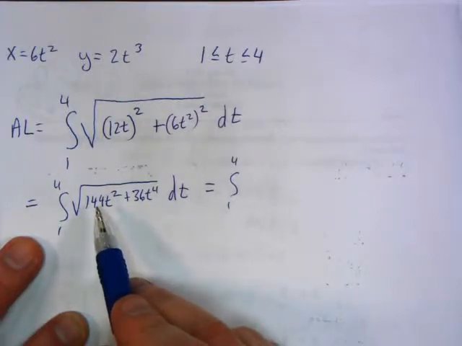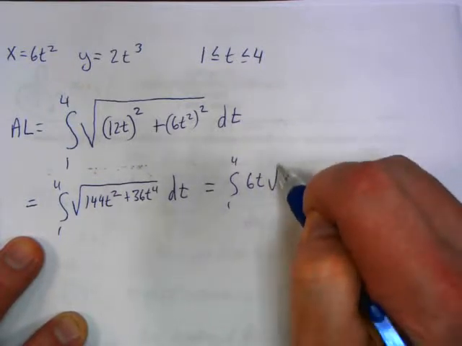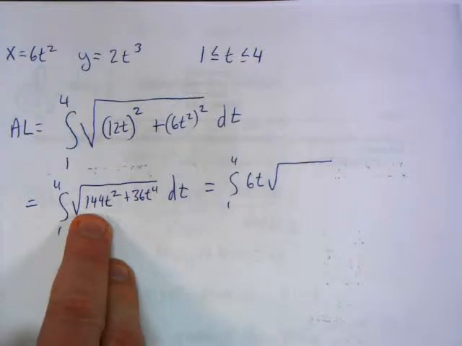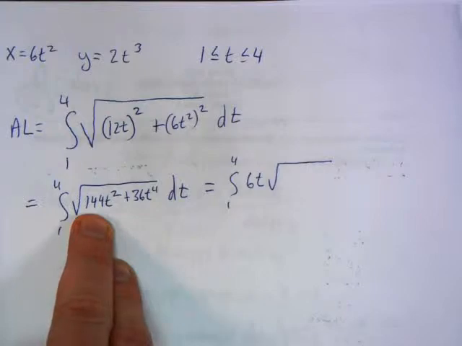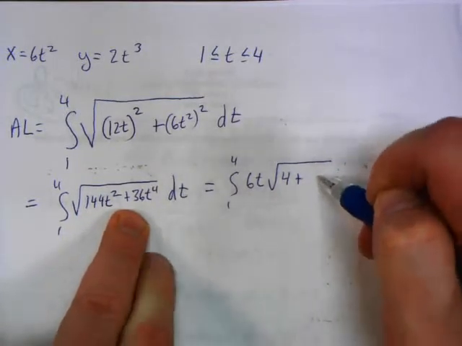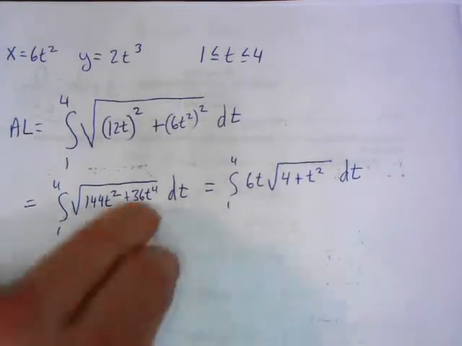What's the square root of 36t squared? 6t times the square root of, what's 144 divided by 36? 4. So that's going to be 4 plus t squared, dt, I think.